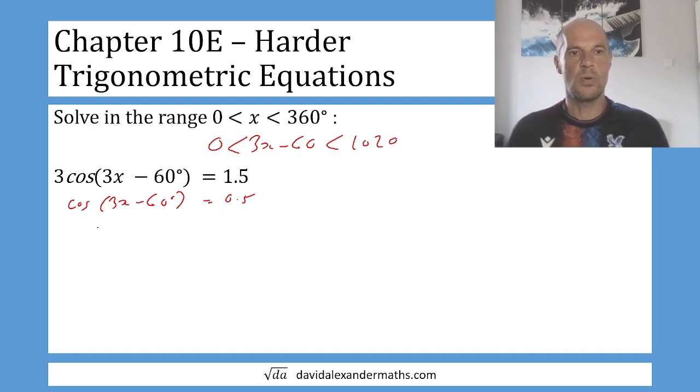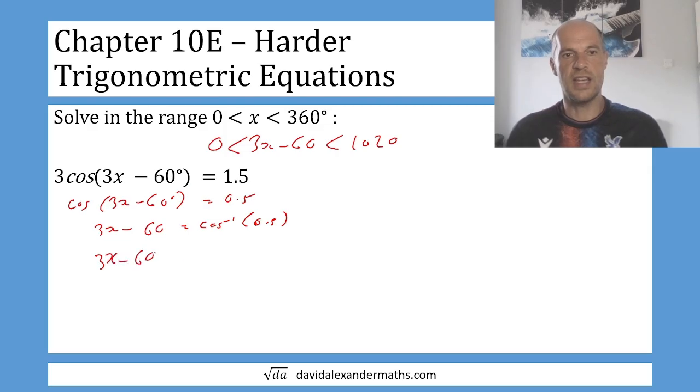So first of all, 3x minus 60 degrees is the inverse cos of 0.5. Inverse cos of 0.5 is 60. So 3x minus 60 is 60. The next value is 360 minus that, so 300.